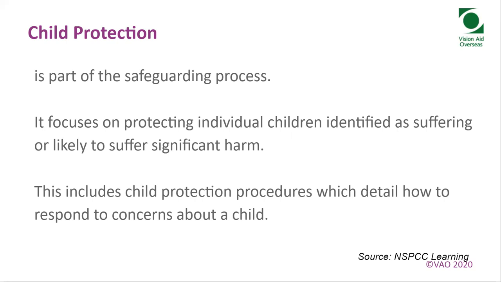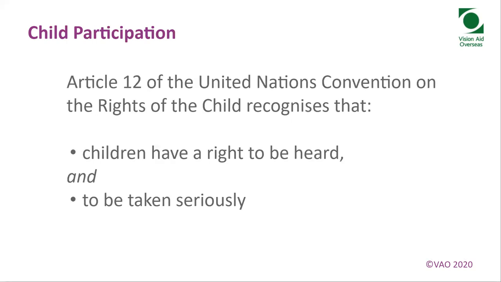Adult protection is similar. Article 12 of the United Nations Convention on the Rights of the Child recognises that children have a right to be heard and to be taken seriously. So you can ask a child if they want to wear glasses, even if their parents are reluctant.